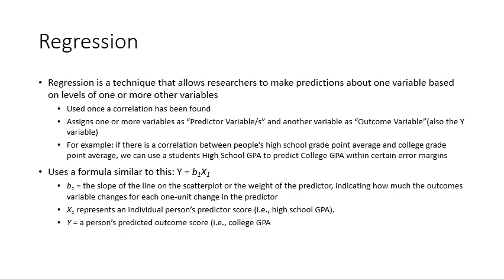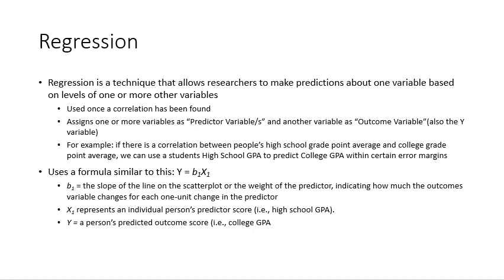So this looks like a tough formula to remember. This is actually a slightly simplified version of the formula. Y is what we're predicting. So in this case, we're predicting college grade point average. So college grade point average equals B for variable 1, and B is just the slope of the line, or how much the college grade point average changes for each unit change in the high school grade point average.